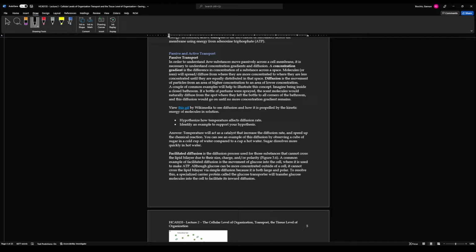And this movement that happens naturally through the absolute basic properties of physics and biochemistry is called diffusion. Okay, so these substances will move down a concentration gradient from high concentration to low.